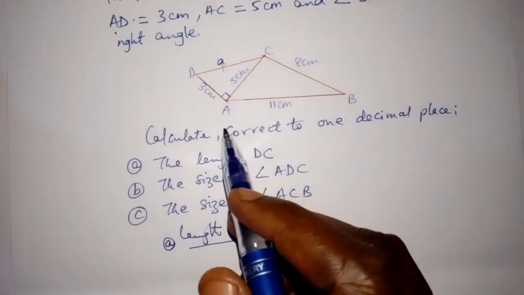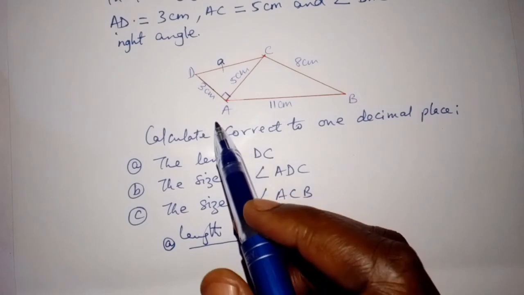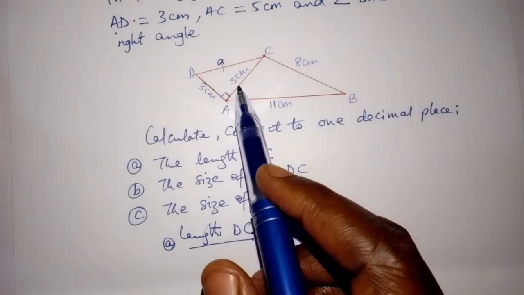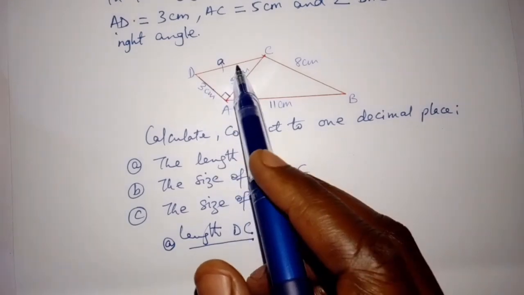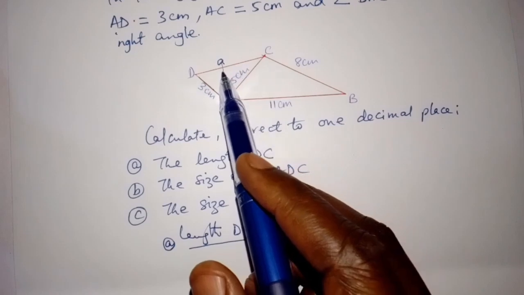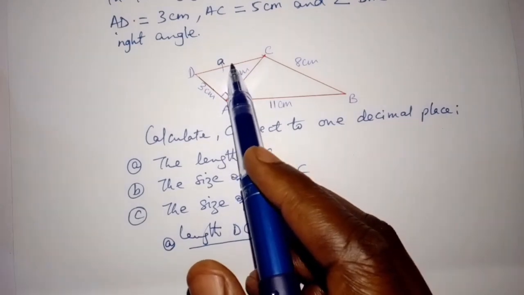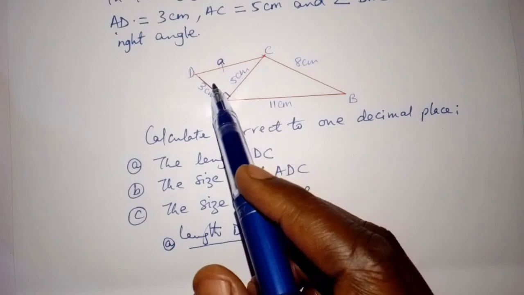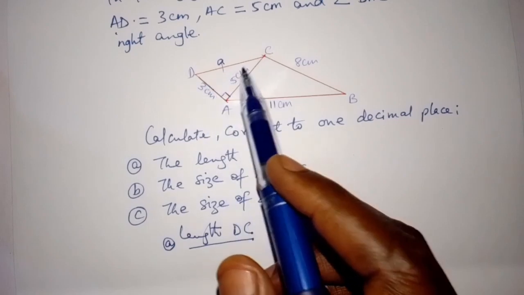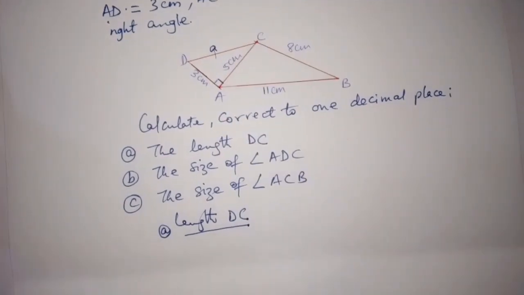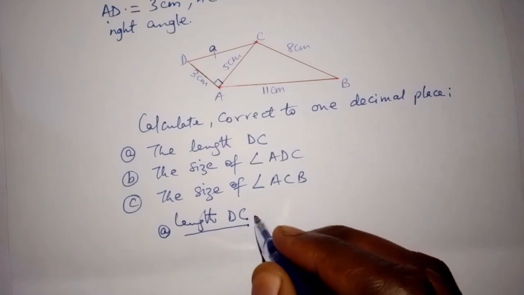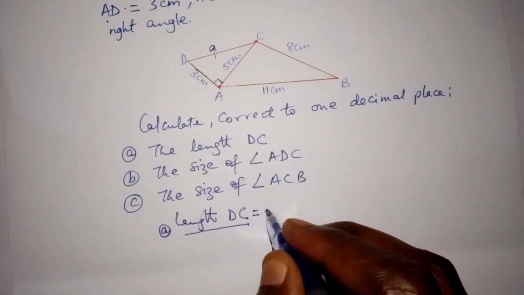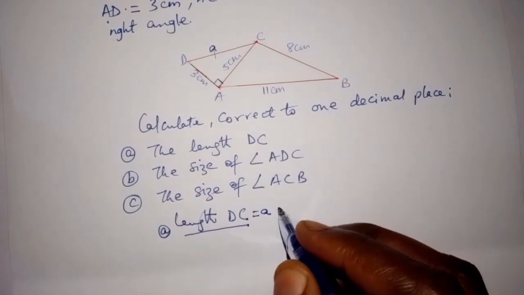We want to apply Pythagoras theorem to find the length of DC, which we can name as a centimeters.